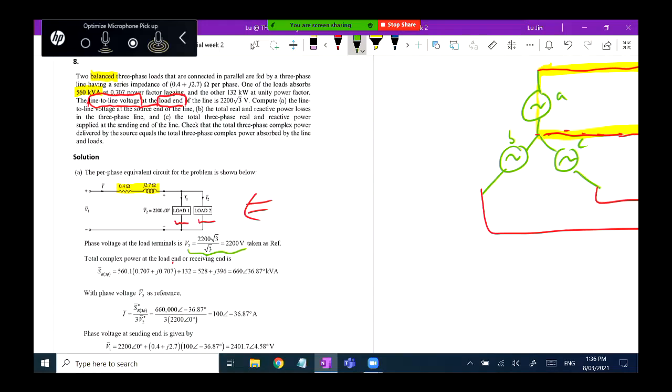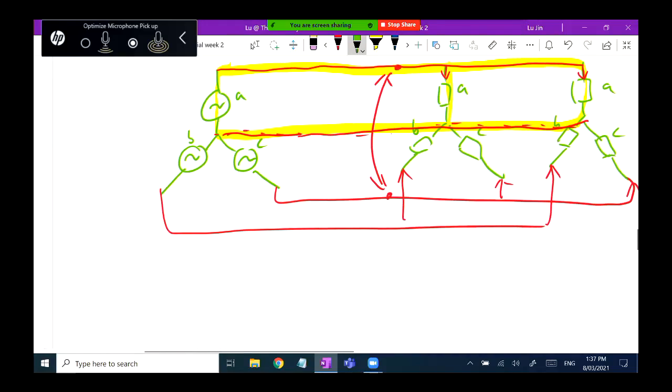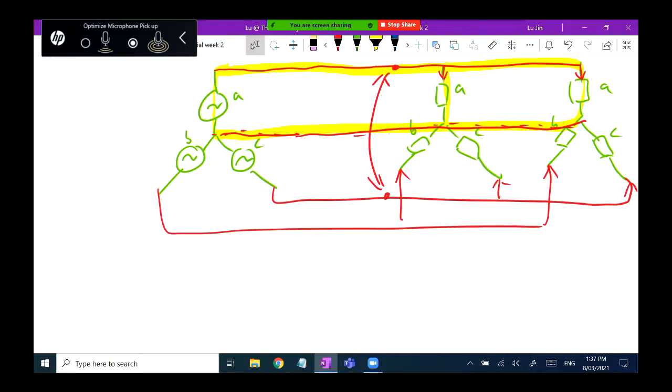Okay. And so what is part A asking us to do? The line-to-line voltage at the source end of the line. The part A of the question is asking, what is the line-to-line voltage at the generator side? In other words, we want to determine what is such source side line-to-line voltage.